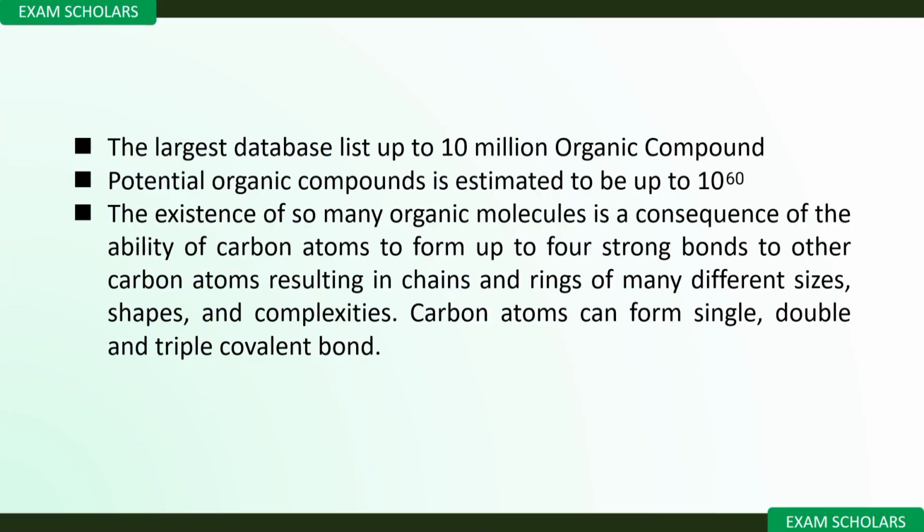This is called catenation. Due to the catenation ability of carbon, if you haven't watched the previous video on carbon and its compounds, go and watch it. The ability of carbon to form multiple bonds, of different lengths and complexity, and to form rings, is what leads to numerous organic compounds. So that is why we have almost infinite organic compounds.